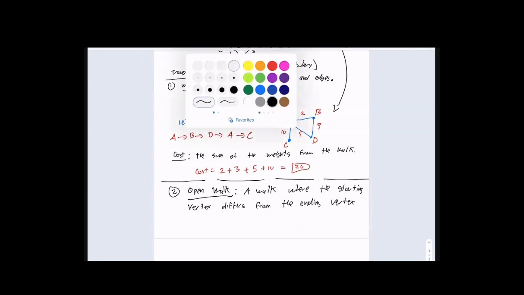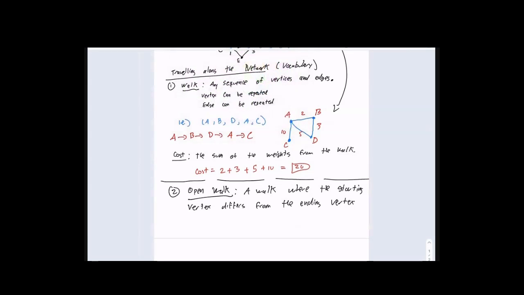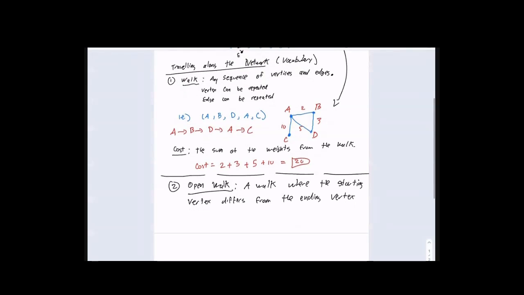So is our example above an open walk? Yes or no? Yes. It is actually an open walk.